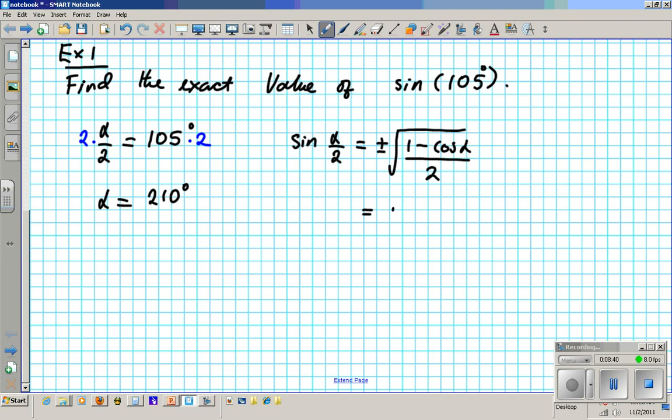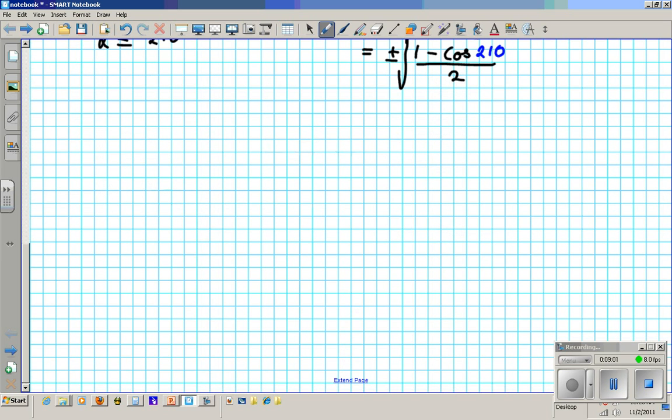So this is going to become plus or minus the square root of 1 minus cosine. Instead of alpha, I'm going to put in this value, 210, divided by 2. Okay?